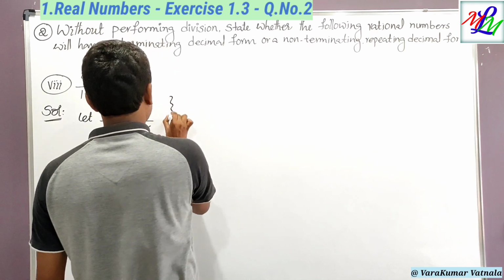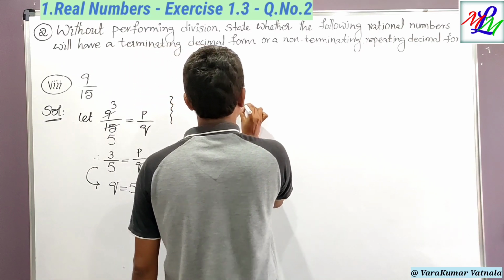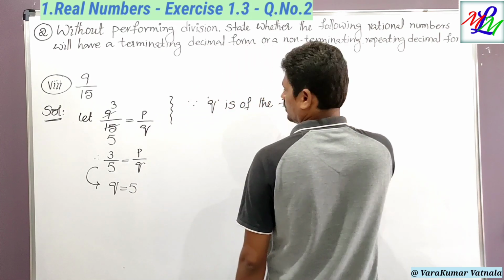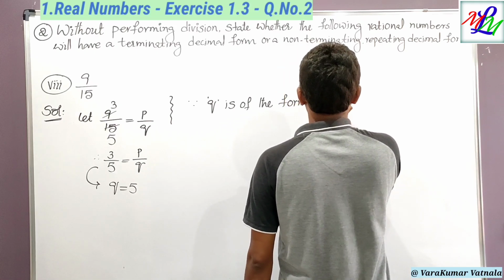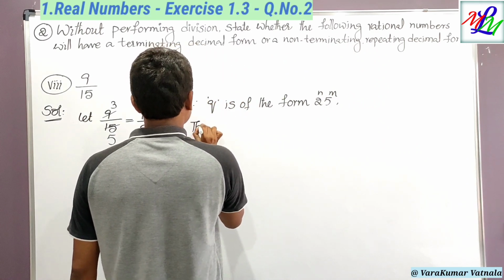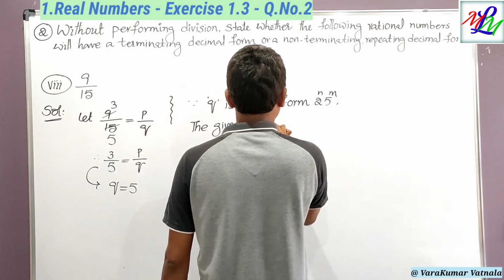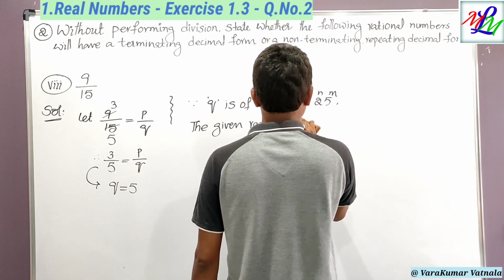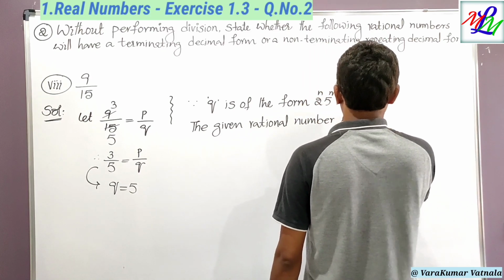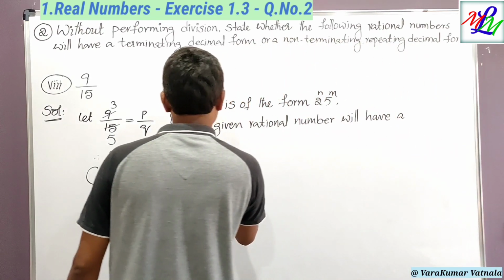Therefore we can say, since q is of the form 2 to the power n into 5 to the power m, therefore the given rational number will have a terminating decimal form.